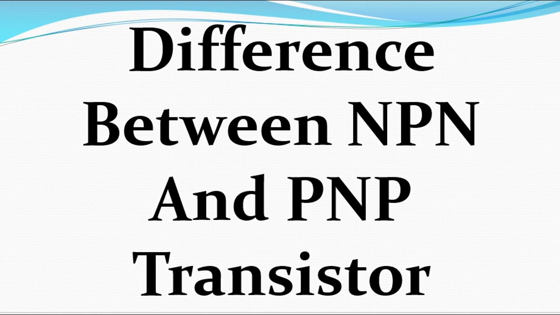So the reason why NPN transistors are most used in circuits is that in an NPN transistor the conduction current is mainly by electrons, while in PNP the conduction current is because of the holes. Just as I said, holes are positive while electrons are negative.